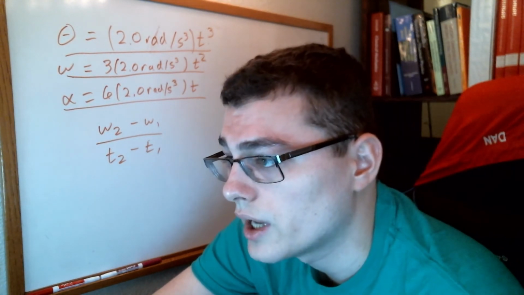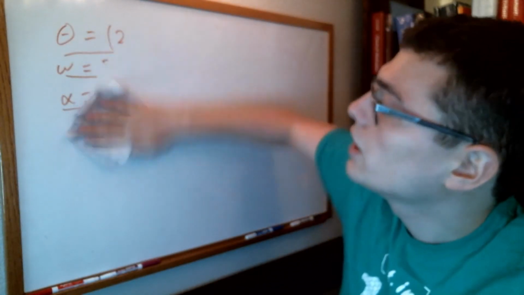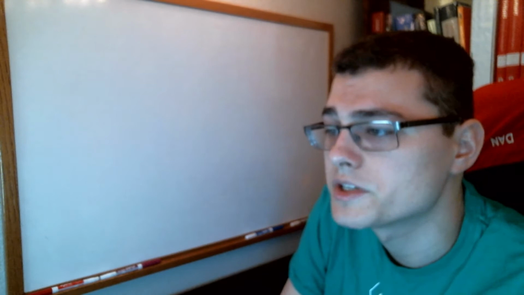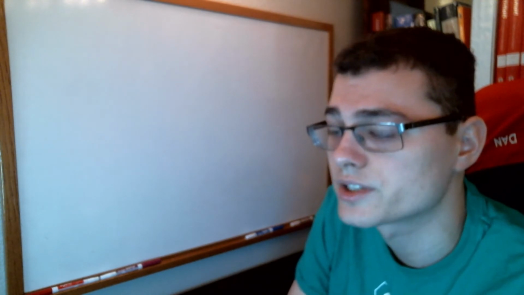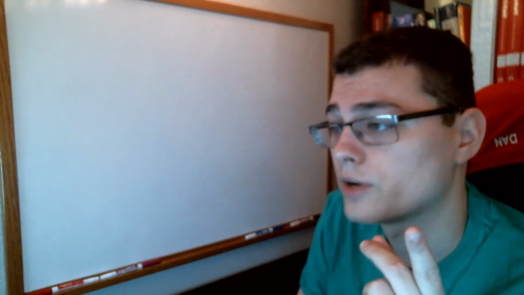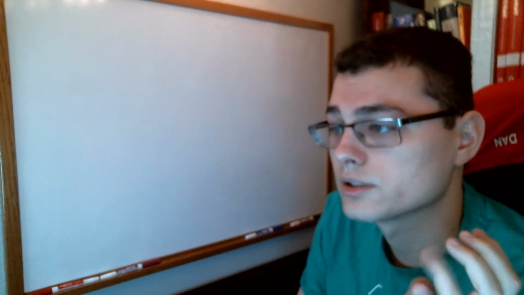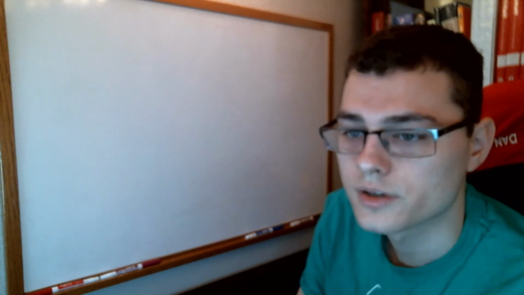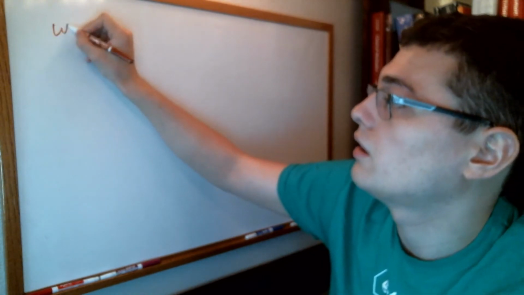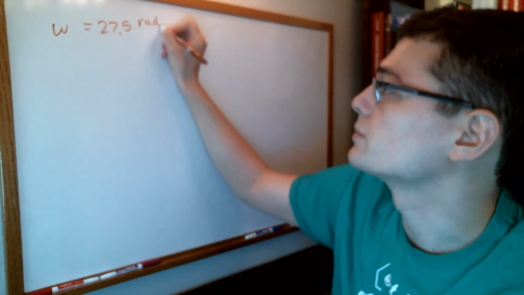So then if we head over to example 9.3, I don't think this example carries over. The example reads: you have finished watching a movie on Blu-ray and the disc is slowing to a stop. The disc angular velocity at time equals 0, before it starts to slow down, when the angular acceleration is still equal to 0, so it's not slowing down or speeding up, is omega equal to 27.5 radians per second.